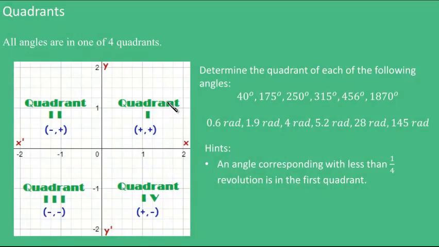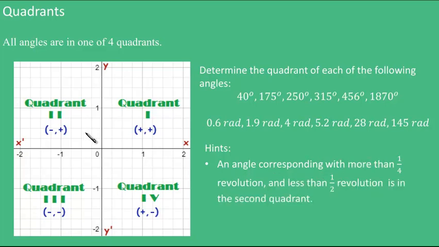So if an angle corresponds with less than 1/4 of a revolution, it's in the first quadrant. So that's an angle which can be reduced to somewhere between 0 and 0.25 of a revolution. If that angle happens to correspond with a rotation that's between 1/4 of a revolution and 1/2 of a revolution, that's between 1/4 and 1/2, then it's in quadrant 2.